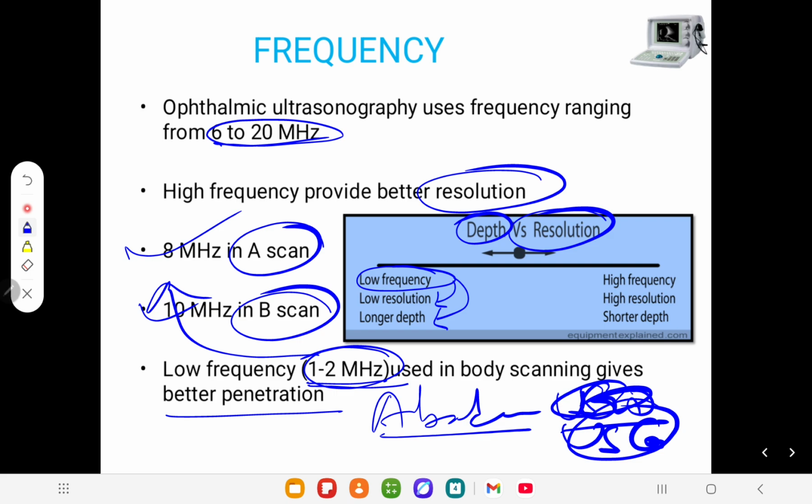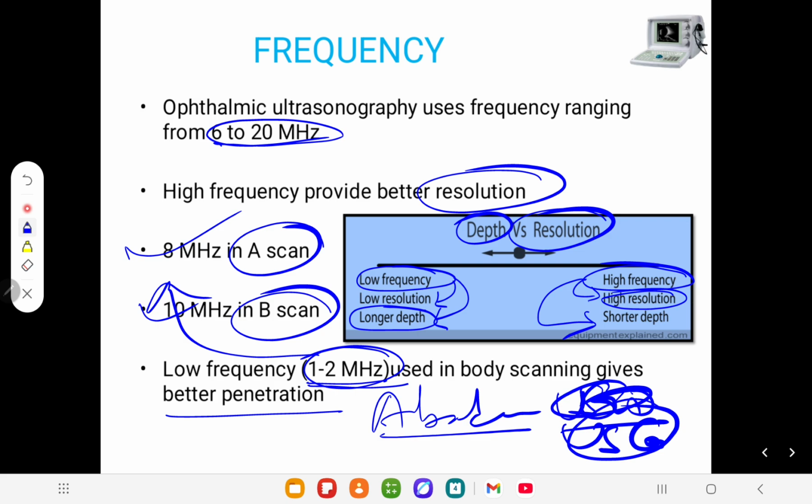So lower frequency has the benefit of long depth. The lower frequency you use, it penetrates to a long depth, but at the same time resolution is limited. When you use high frequency, its depth is very low, but its resolution is very high. So why in ophthalmology do we use high frequency?